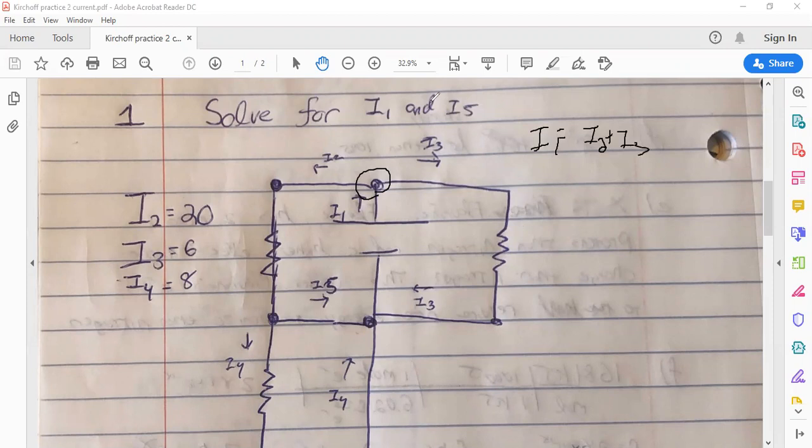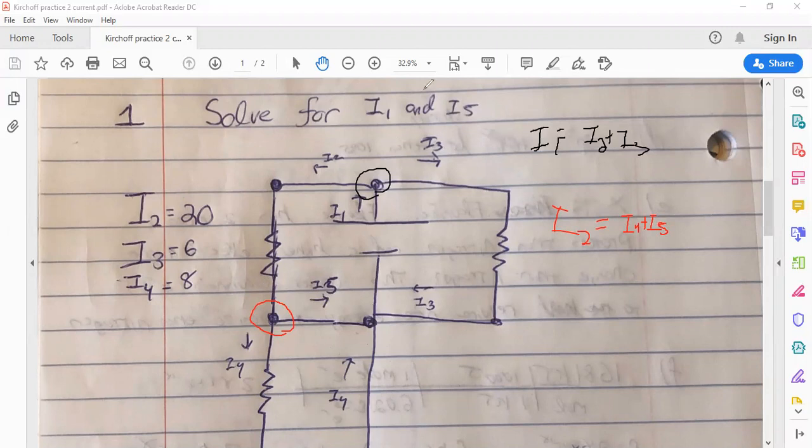This one is I2 equals I4 plus I5. I2 in, and I4 and I5 out.